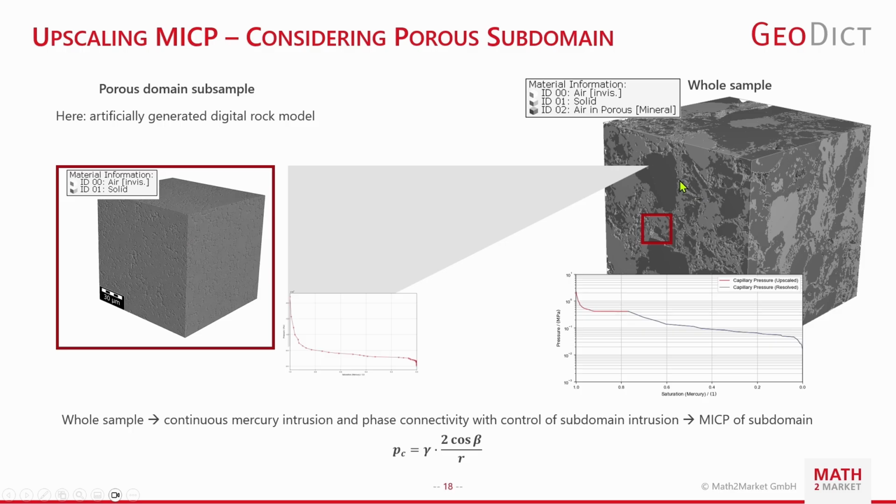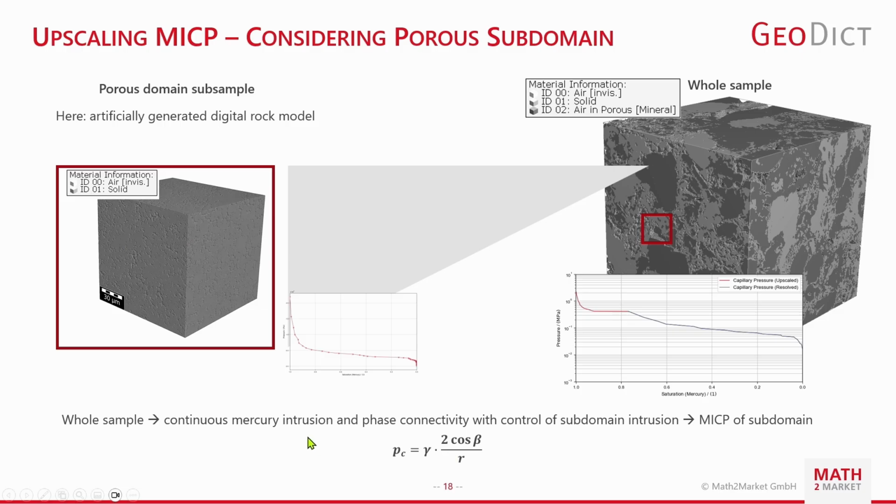Again, the approach is similar in the sense that we populate the microporous phase that is identified in the whole sample, and we populate it by the predictions of the MICP curve that was computed on the subdomain. And then our solver, which is based on the capillary pressure equation, so the Young-Laplace equation.